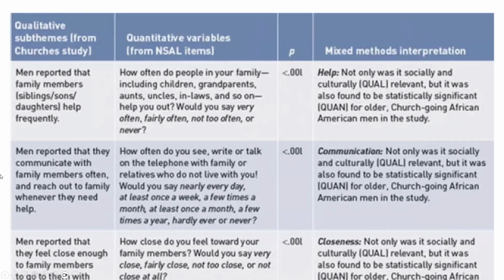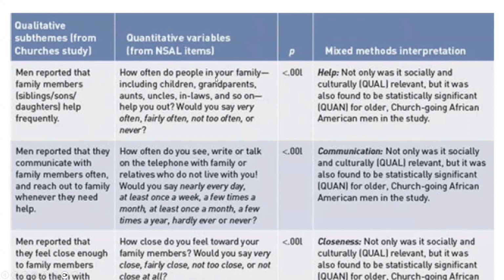Now, in the first phase qualitative, this is the qualitative, this is the quantitative result. Now you are doing mixed method interpretation in this way. For example, Maine reported that family members help frequently. And what is the quantitative answer to that?